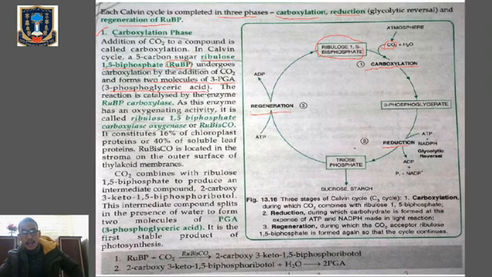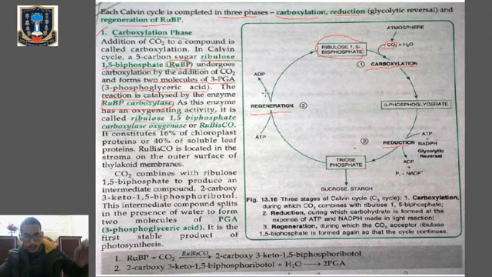The reaction is catalyzed by the enzyme called RuBP carboxylase. So remember the name of the enzyme, RuBP carboxylase. RuBP is the compound which undergoes carboxylation by the addition of carbon dioxide to form 2 molecules of 3-phosphoglyceric acid, and this reaction is triggered by the enzyme RuBP carboxylase.